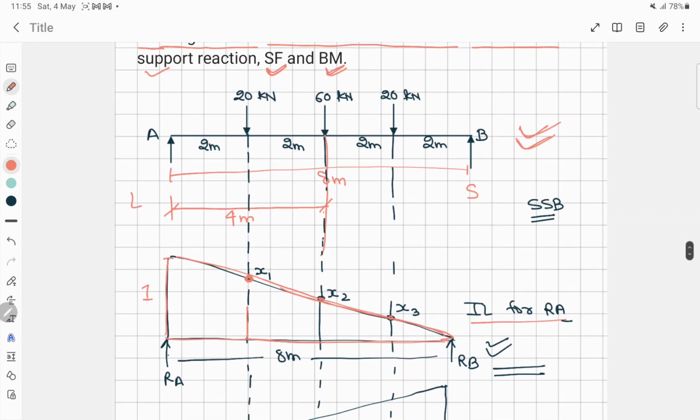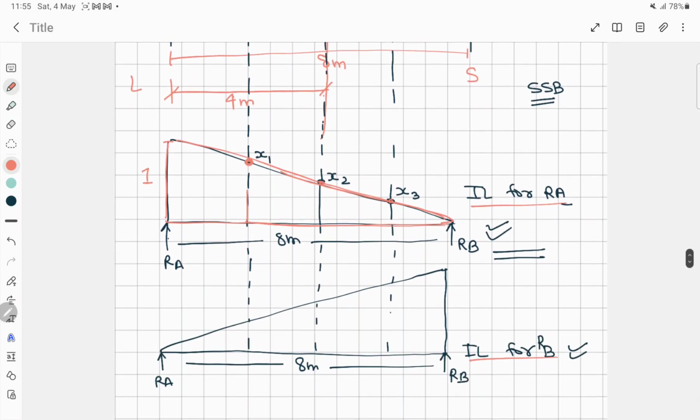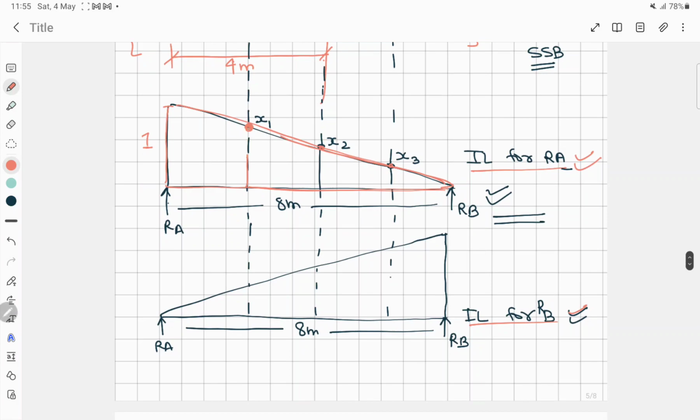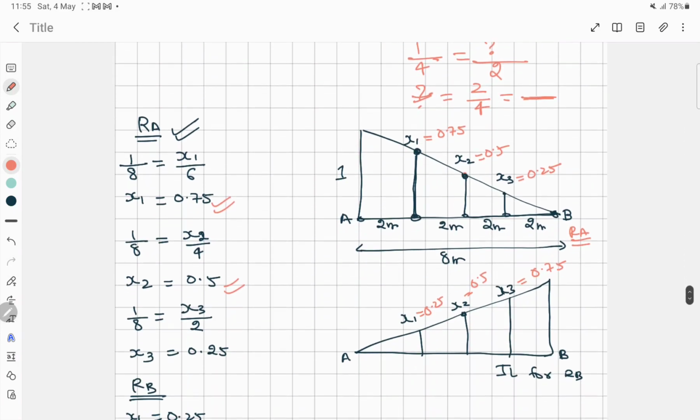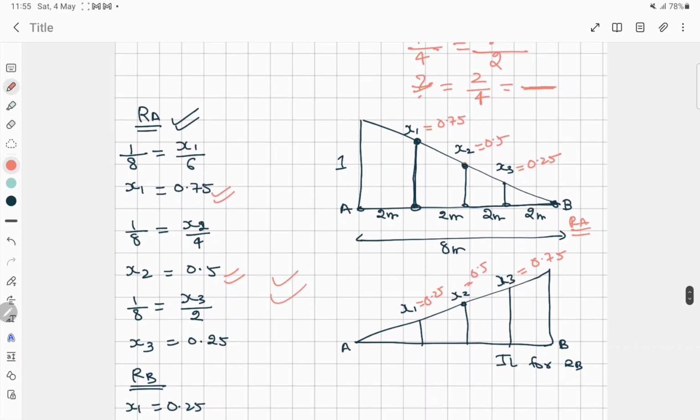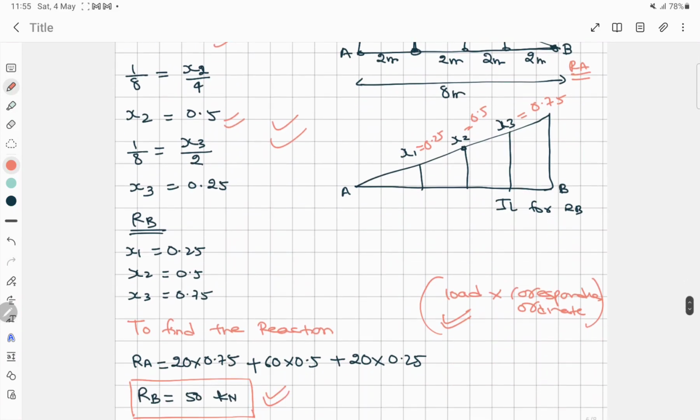So this was the diagram, and both diagrams are the influence line diagram for RA and for RB, and I have explained in my previous video how it has been drawn. Next is to find those values x1, x2 and x3 from the similar triangle method.